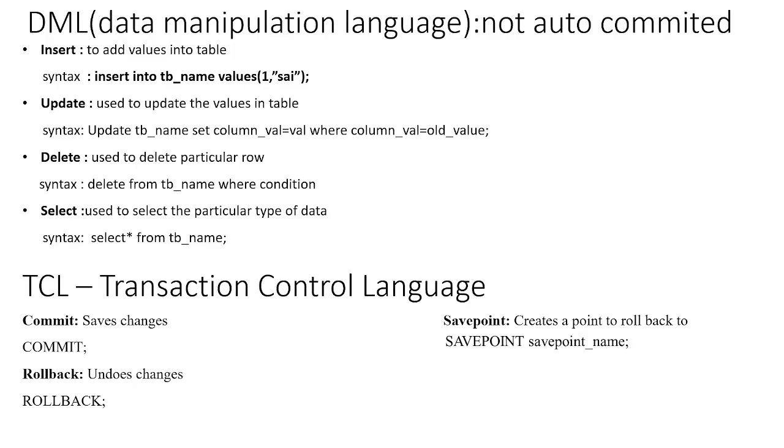Here it only deletes a particular row. Next one is select. Select is a data query language command which can also be considered data manipulation. Select will select the total data from the table.